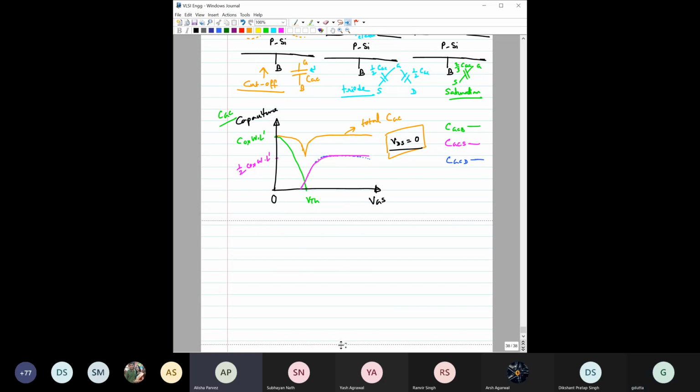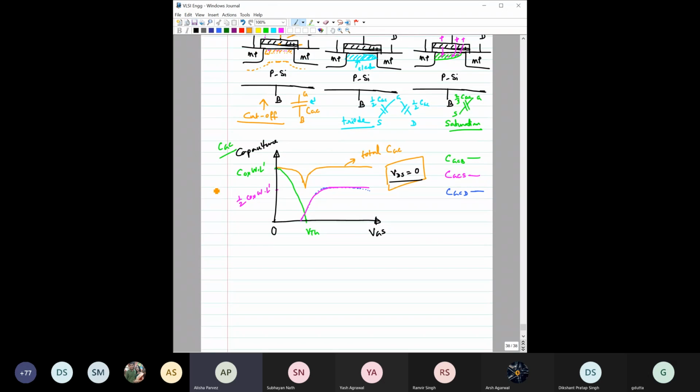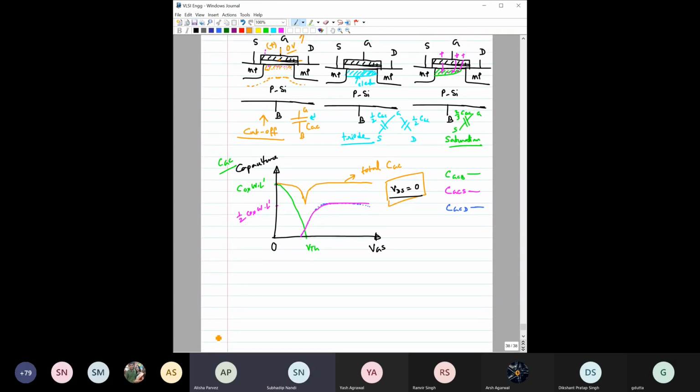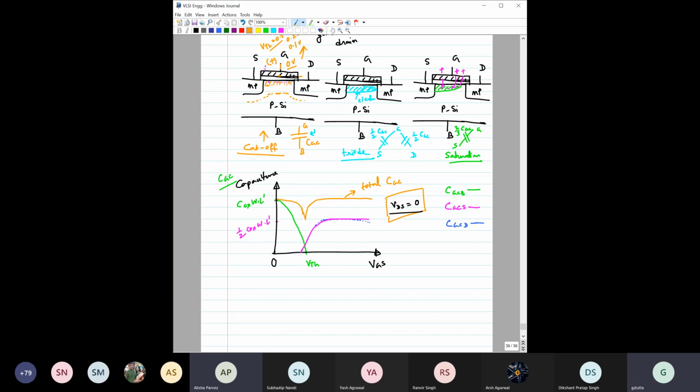Sir, can you show how CGCS is formed? Where do the field lines go? Okay, yes, sir. So where do the field lines go? Say these are all negative charges now, and these are positive charges.